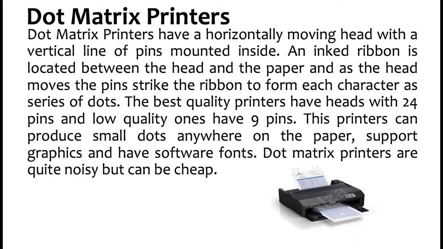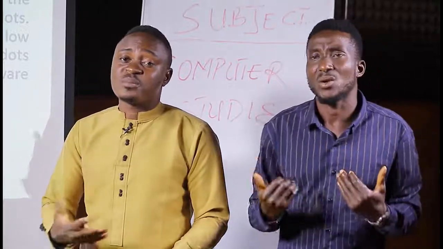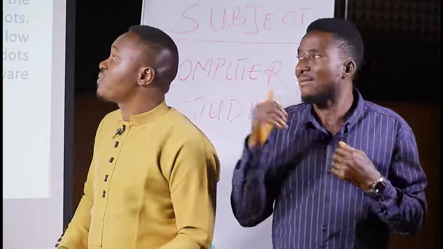The best quality printers have heads with 24 pins, and low quality ones have just 9 pins. The printer can produce small dots anywhere on the paper. It supports word graphics and has soft fonts. Dot matrix printers are quite noisy also. So they also have an impact. In as much as we have a ribbon, there's an impact that has to come thereafter.